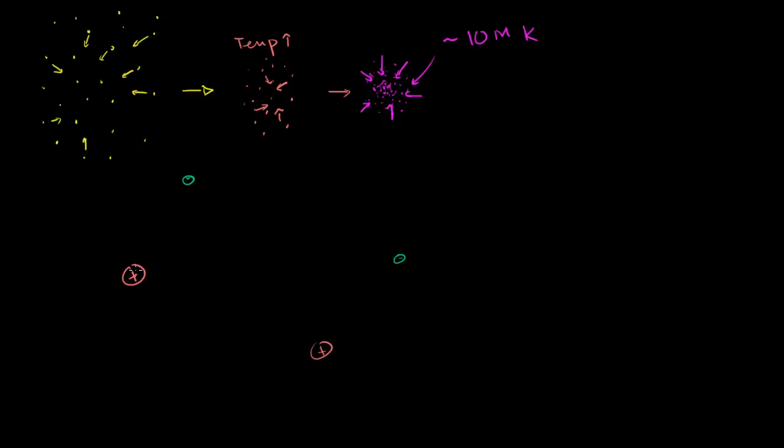It's much stronger than the Coulomb force, and these two nucleuses would actually fuse together. And so that is what actually happens once this gets hot and dense enough. You now have enough pressure and enough temperature to overcome the Coulomb force and bring these protons close enough to each other for fusion to occur.